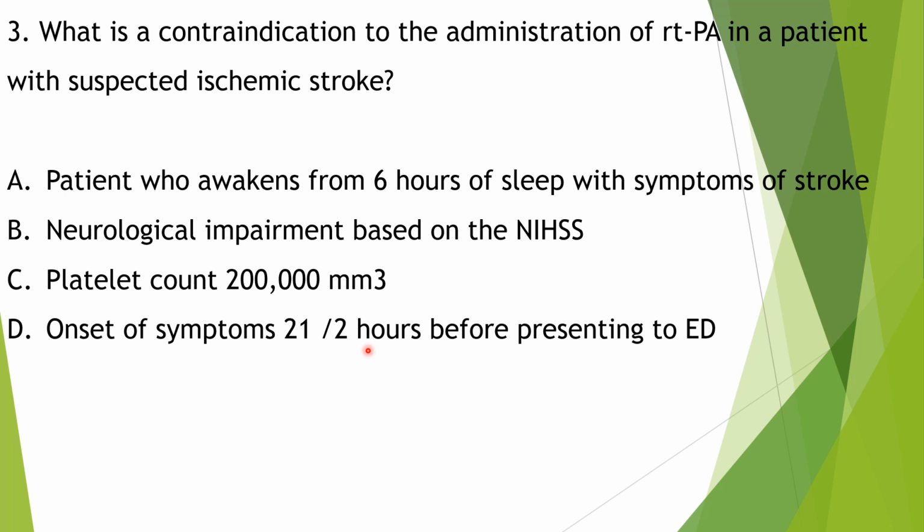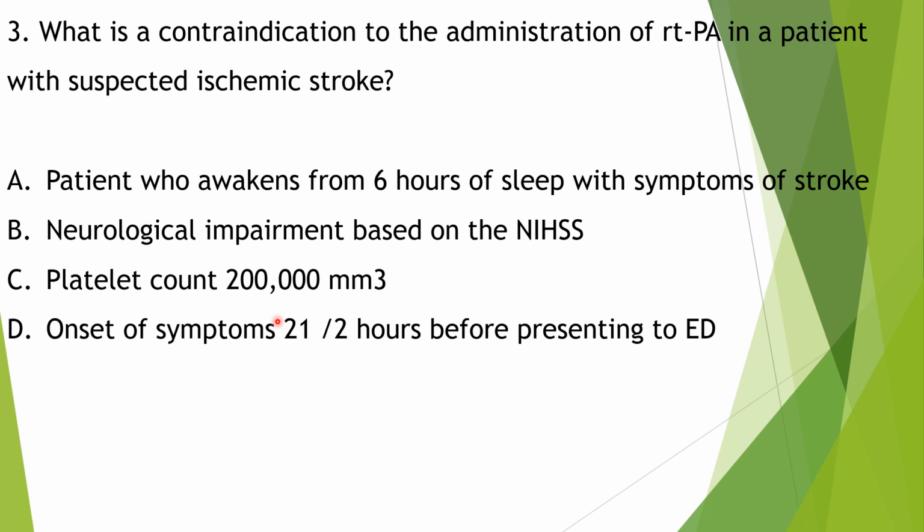Symptoms present for 30 minutes, not rapidly improving or attributable to another disease like seizures or migraine, that is also an indication where we can provide it. Imaging of the head consistent with an acute ischemic stroke, not hemorrhagic or brain tumor. At that time also we can go for a tissue plasminogen activator.